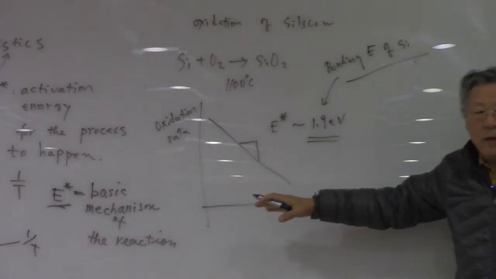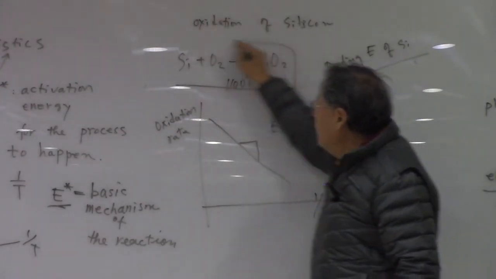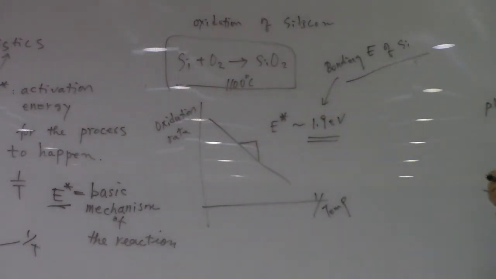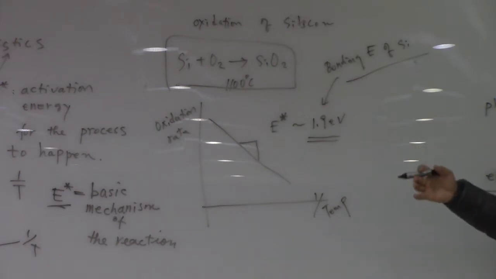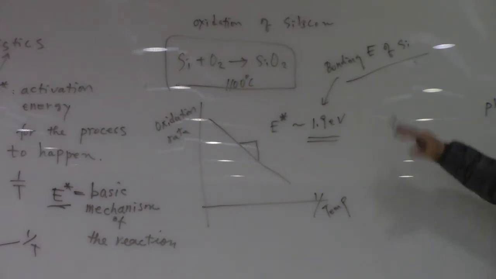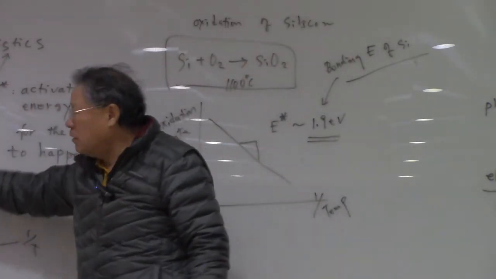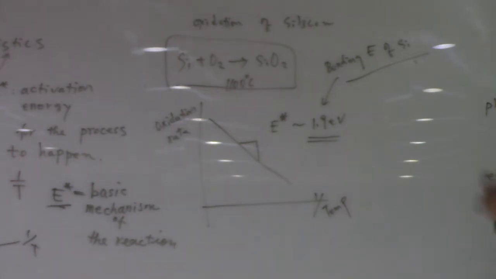So from this experiment, what we can see is that this oxidation reaction is nothing but a breaking of silicon bonding to have the oxygens make the volume twice after the oxidation. So this Boltzmann statistics is very important. It can give us the clue what is the basic mechanism for the reaction.